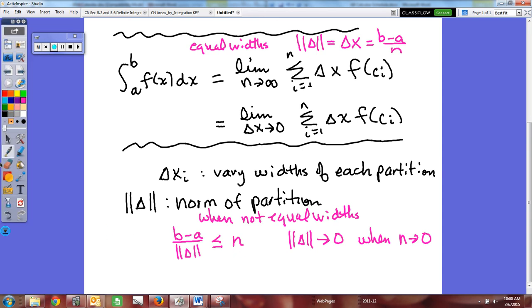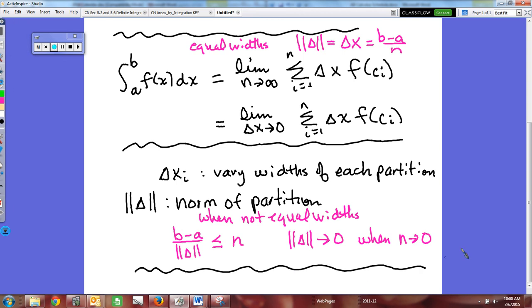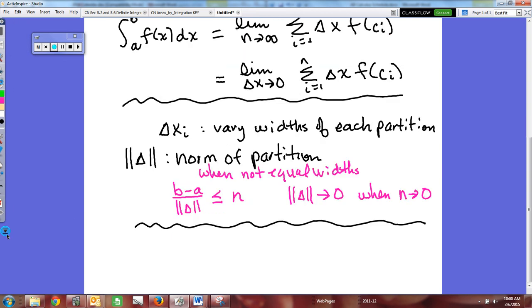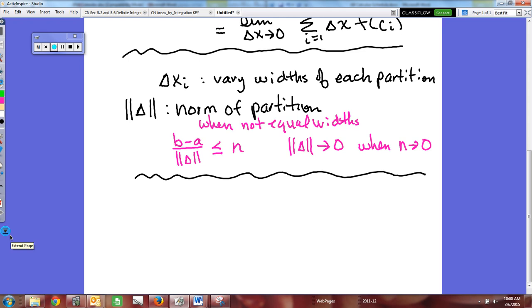The only reason I'm bringing this up is because when you see some of your limit notations in your textbook, what they will look like, and let me get one for you and then just tell you why I'm waving my hands a little bit.